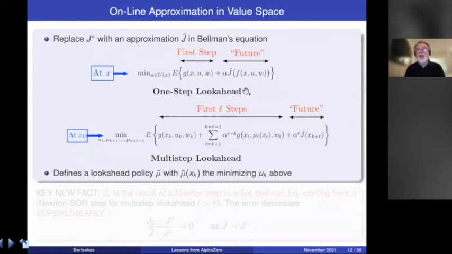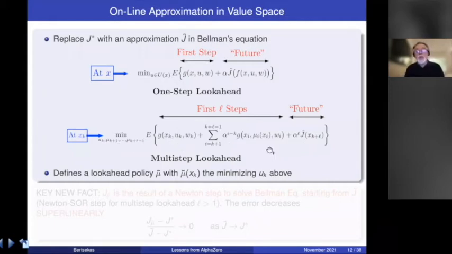This is called one-step look ahead because we look forward only one step before going to the approximation. Multi-step look ahead is the same thing, except that we minimize the cost of the first L stages plus the future cost as evaluated by J tilde. And now this is an L-step problem. It involves minimization over control u k and policies from k plus 1 to k plus L minus 1.